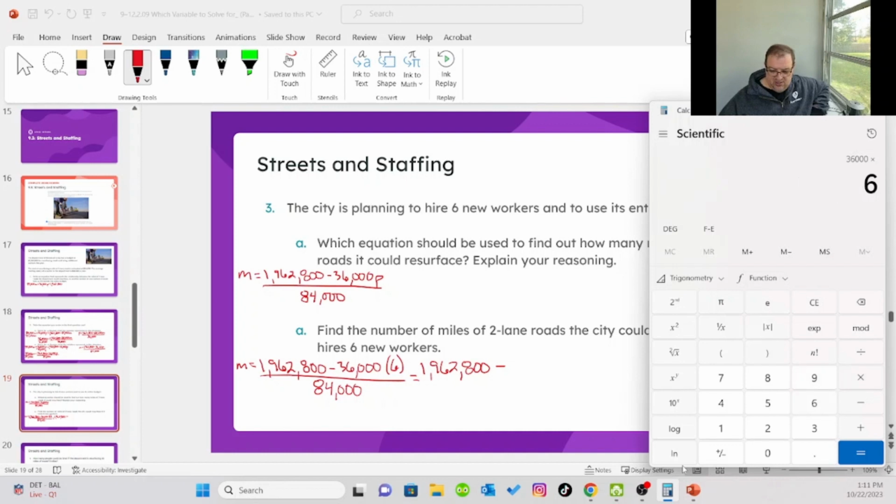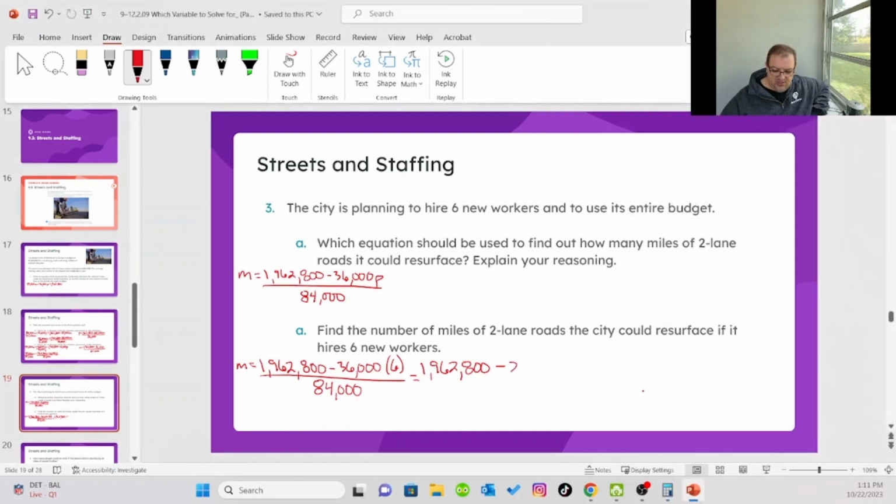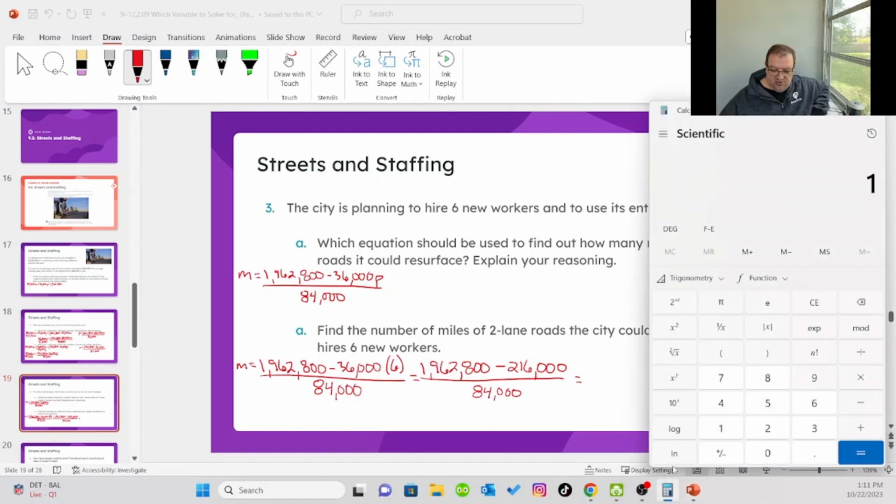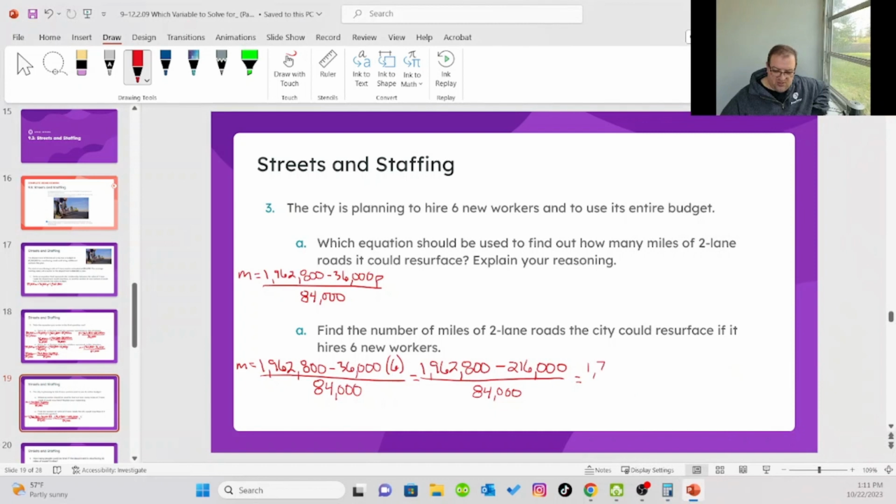$36,000 times 6 workers is $216,000. The budget we start with minus the $216,000 for new workers leaves us with $1,746,800 left.